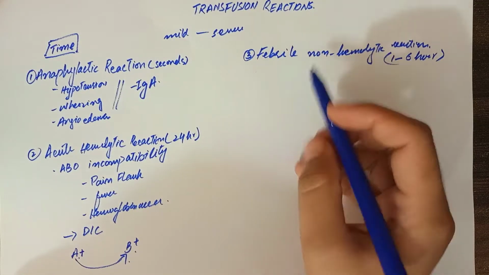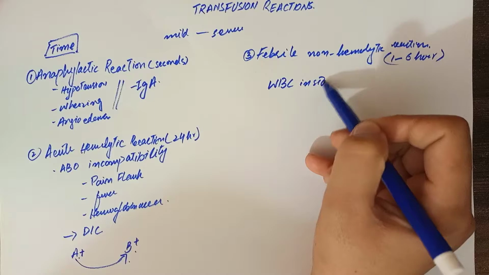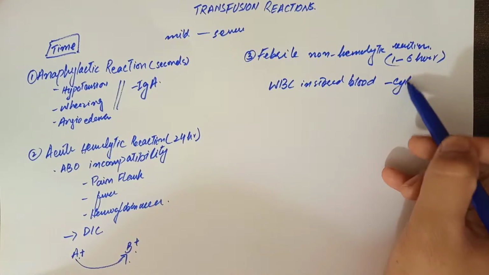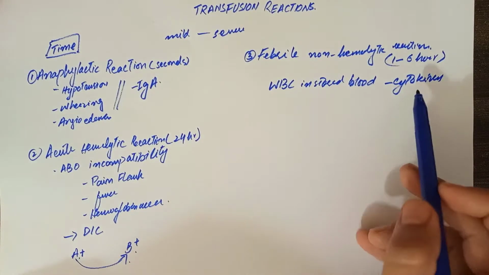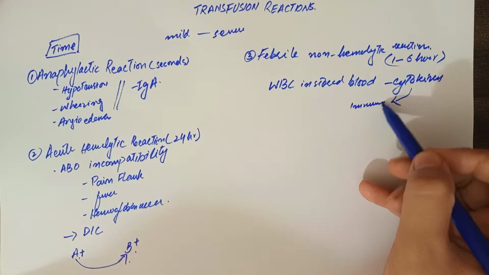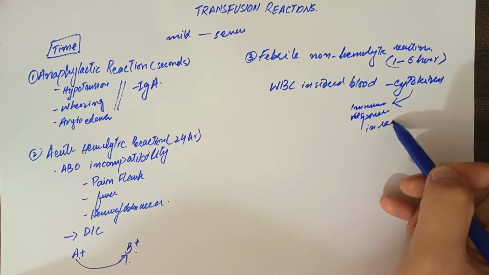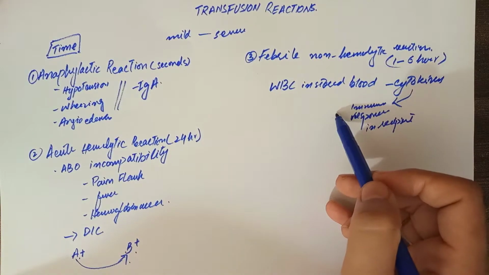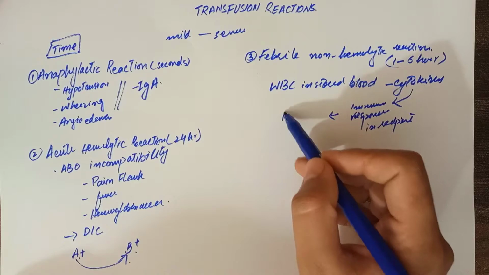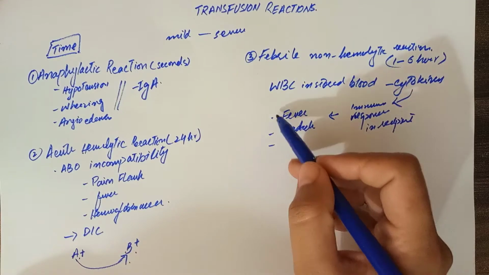The main reason is that the white blood cells in stored blood produce different cytokines, and when this blood is transfused they trigger the immune response in the recipient, and this leads to the febrile non-hemolytic reaction, and the patient mainly presents with fever, headache, and chills.